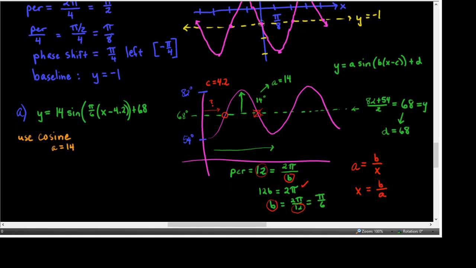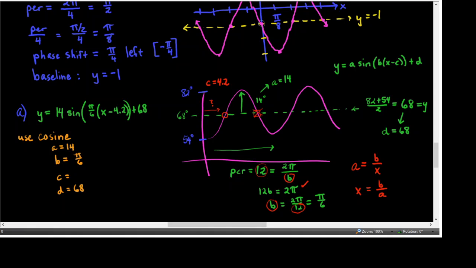The period isn't any different. So all of that thinking we did about A and B, that's all the same thinking. So I'm just writing these down as if we thought through them again, but we didn't. C will be different, and so I'll come back to that. And then D, well, the middle is still at 68, so D is still 68.